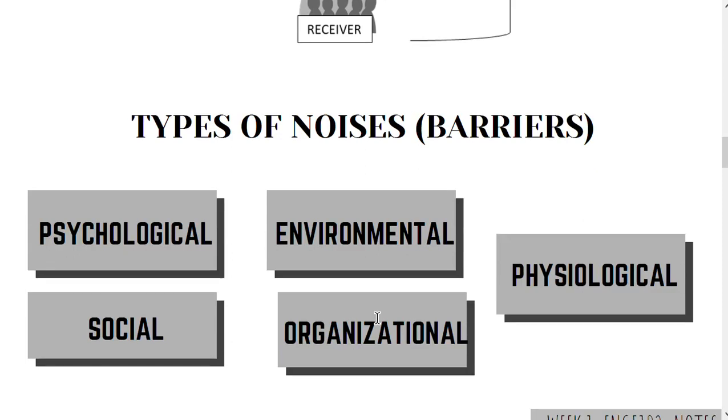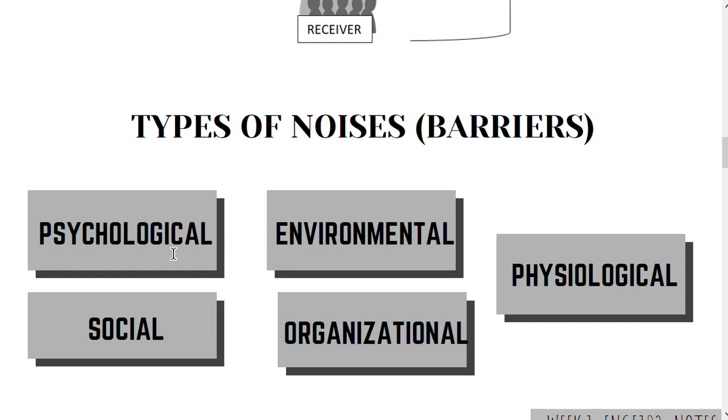So for the types of noises, like I mentioned just now, psychological could be your internal problem, where you feel you're not good enough in the language, so it affects the way you speak. Environmental can be external, like construction noises, TV noises, a sister crying and whatnot.